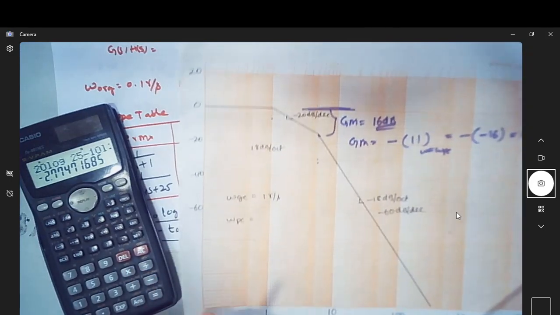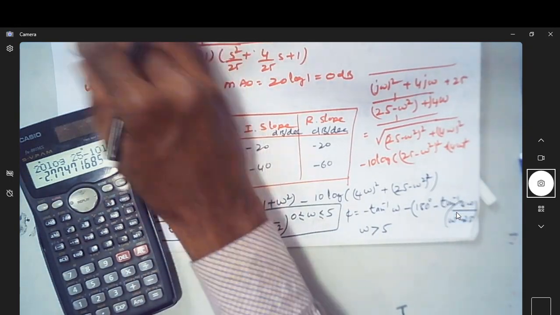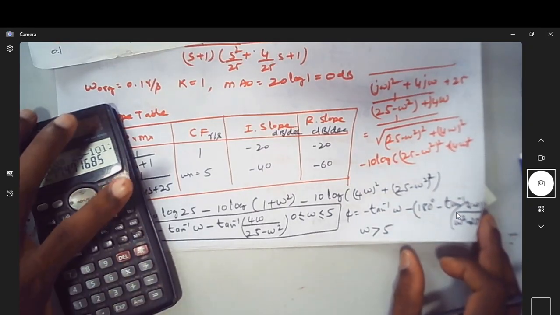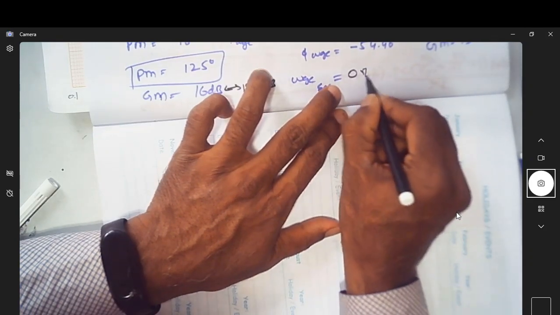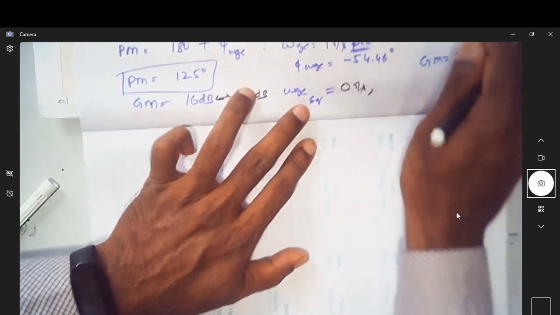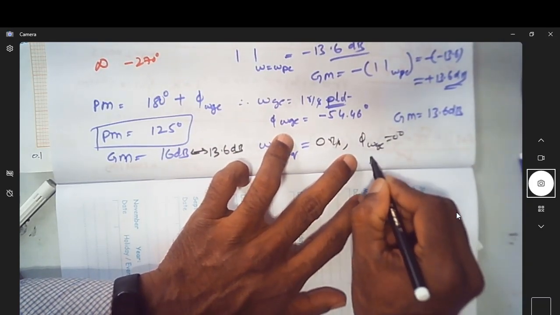So you can take omega GC as 0. When omega GC is 0, then what is the phase? Phase is actually 0. You can see omega GC theoretically becomes 0 radian per second. Then what is phi at omega GC? This is 0 degree. Then what is phase margin?